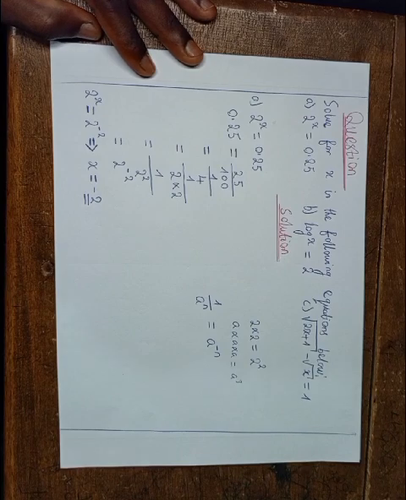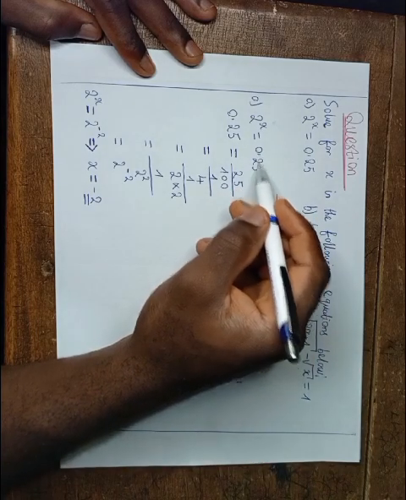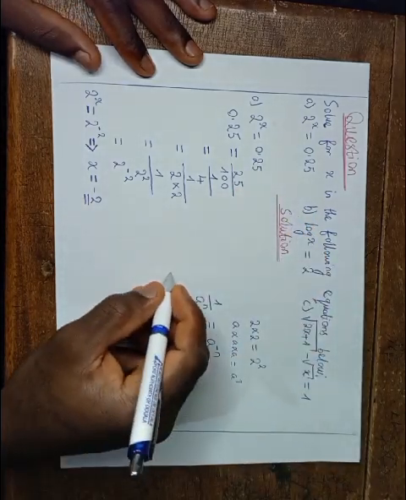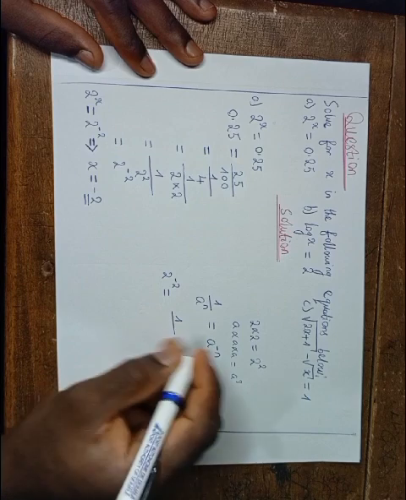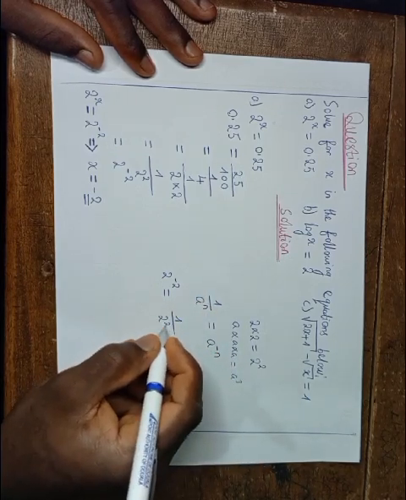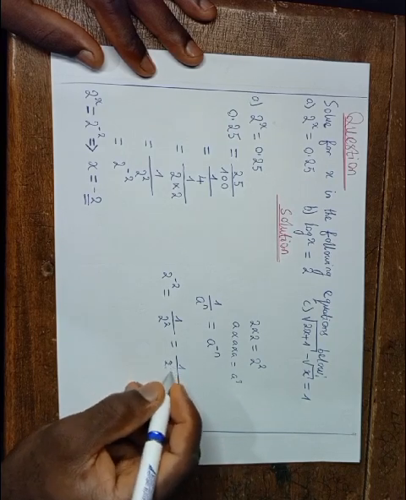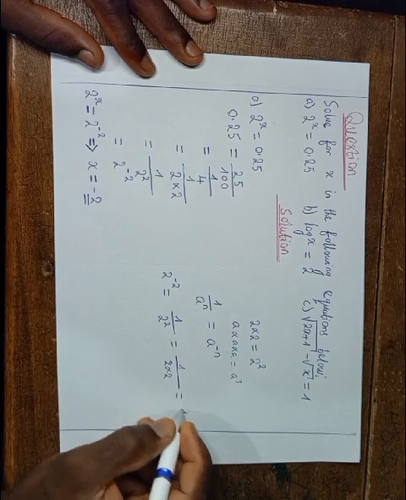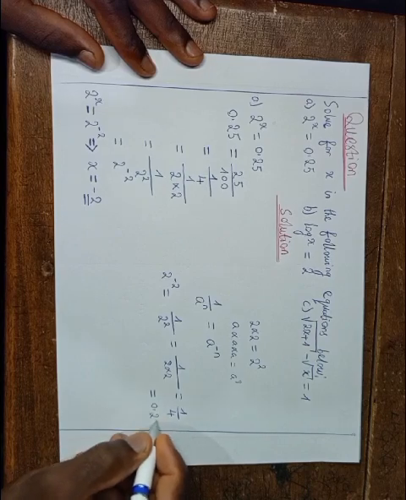That's it. So if you replace x here with negative 2 and simplify, you obtain 0.25. Let's verify. If you replace x with negative 2, this will be the same as 1 all over 2 to the power 2, which is the same as 1 all over 2 times 2, which is 1/4. And 1/4 simply gives us 0.25.